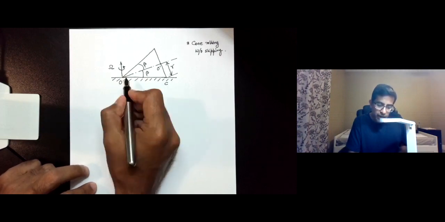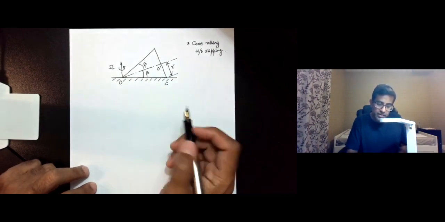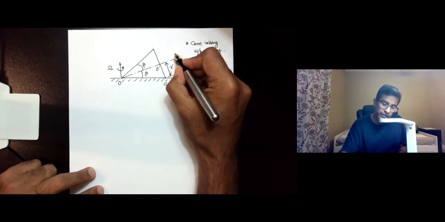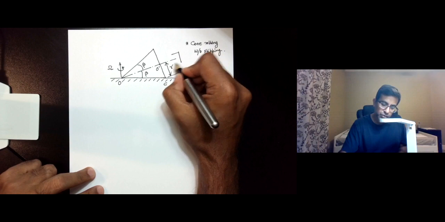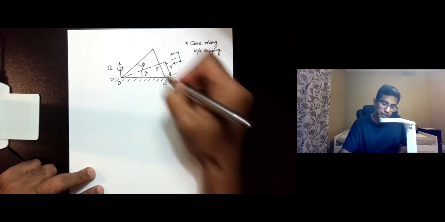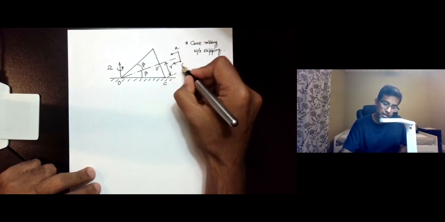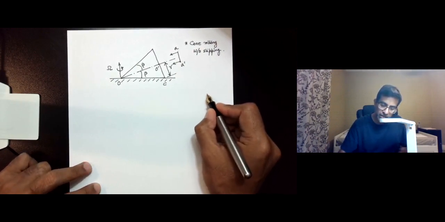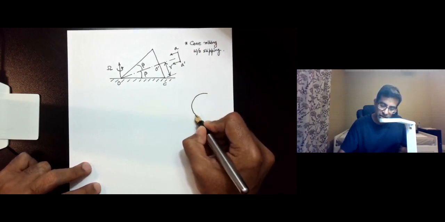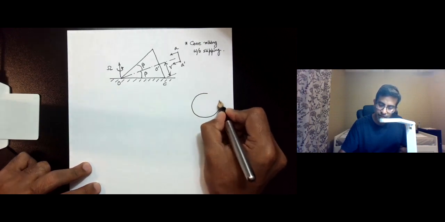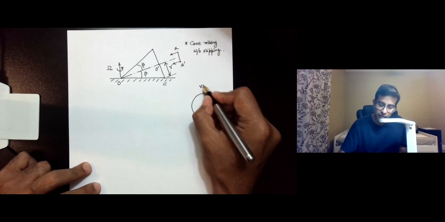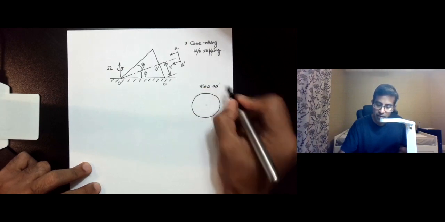So this is the rolling cone, and if you take a view of this base circle using this projection AA prime, what you would see is essentially a circle. So this is view AA prime.